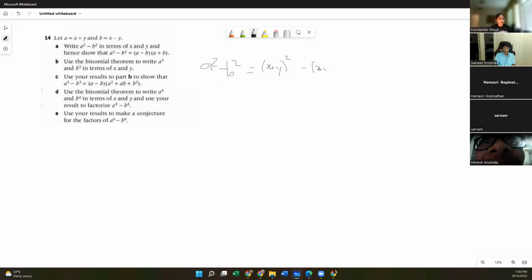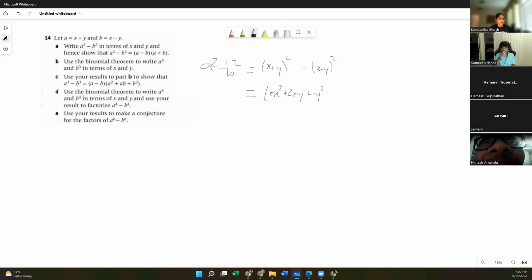Everyone understand why I did this? Why or what's going on? Everyone understand? Yes? Okay. So what we're gonna do is we're gonna expand both terms, right? Everyone knows how to expand (a plus b) whole squared. It's gonna be a squared plus 2ab plus b squared, which in this case is x squared plus 2xy plus y squared.